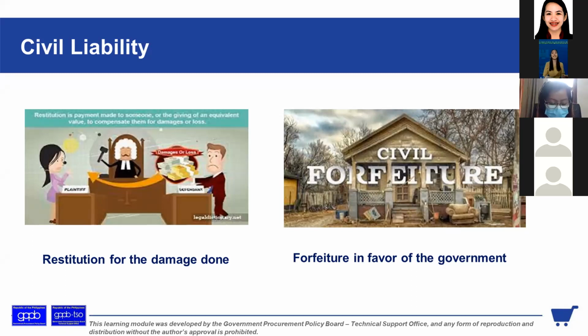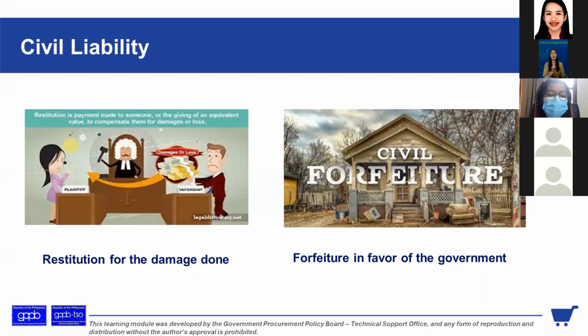Forfeiture of unwarranted benefit na nakuha mo, at yun yung nakuha mo is 2 million. 2 million ba yung bribe na sabi ko? Sorry. So yung bribe mo, yun yung ipo-forfeit. Kasi yun yung unwarranted benefit mo. Then, how about the 1 million? That is restitution for the damage done. Yan yung isusoli mo kasi nalugi ang gobyerno ng 1 million dahil sa acts mo.